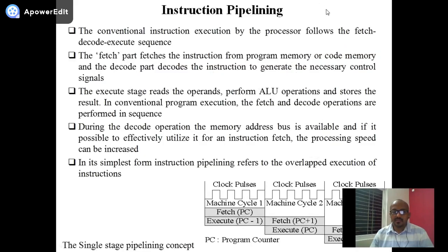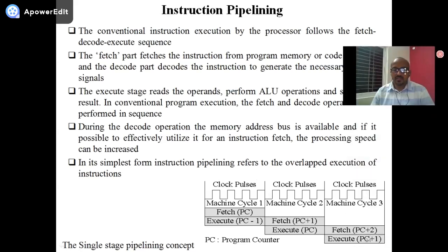So, instruction pipelining. This shows the instruction pipelining for a single stage. In a single stage, for every machine cycle the processor will fetch, decode and execute.